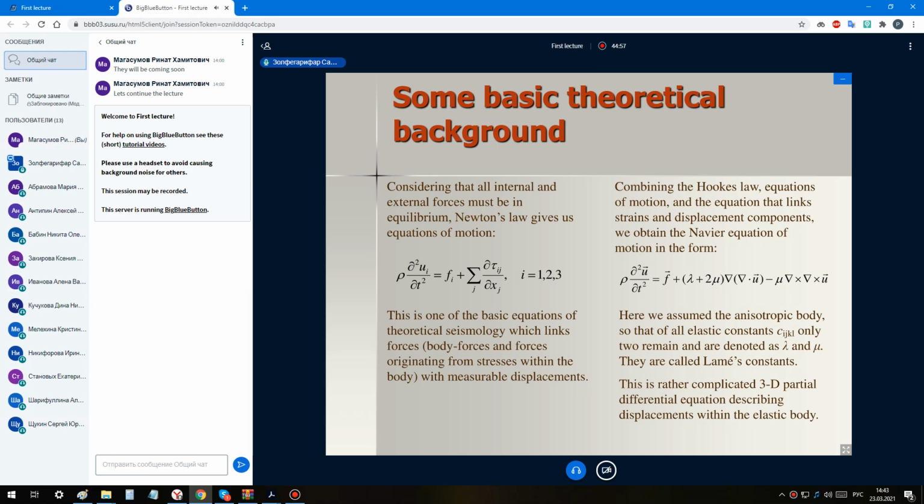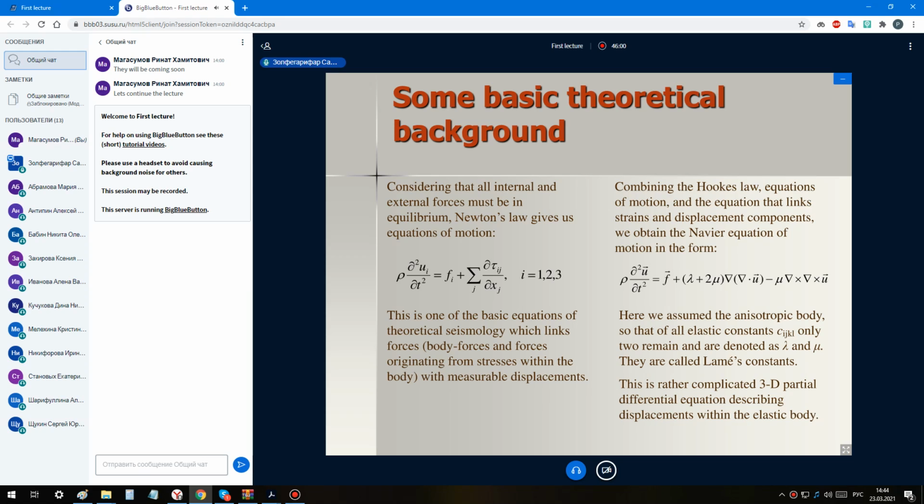Another law: combining Hooke's law, the equations of motion, and the equation that links strains and displacement components, we obtain the Navier equations of motion in the form shown in this slide: rho times ∂²u vector/∂t² equals f vector plus (lambda plus 2 mu) gradient of divergence of u minus mu curl of curl of u vector.